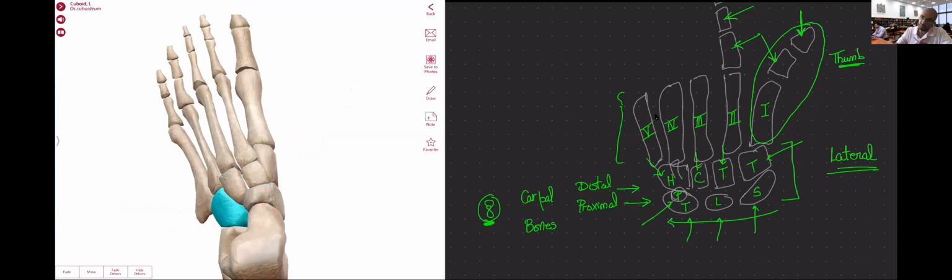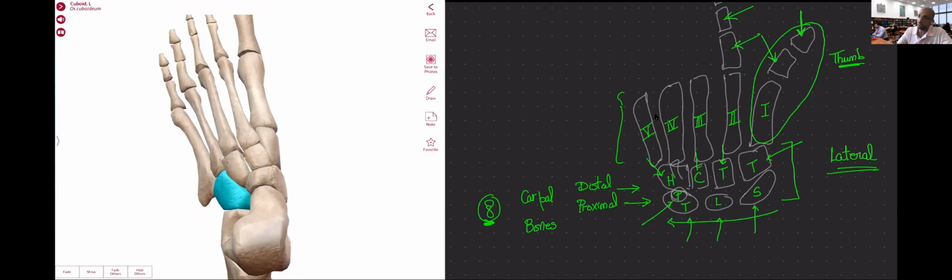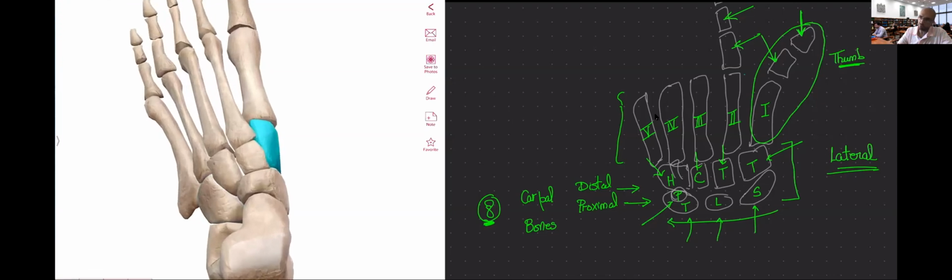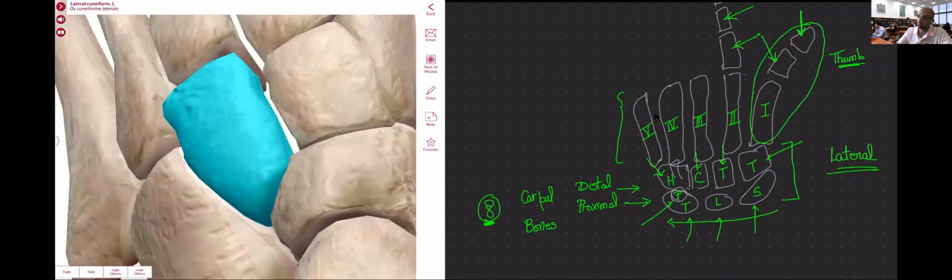The navicular bone as well as the lateral cuneiform are going to be articulating with my cuboid. So again, start from medial to lateral. We started with the distal row first. We have 3 cuneiforms: medial cuneiform, intermediate cuneiform, lateral cuneiform.